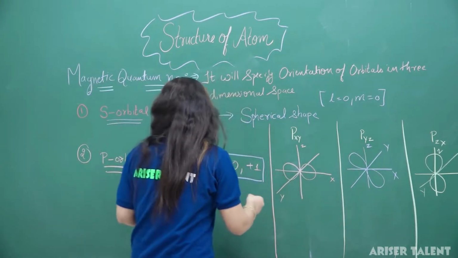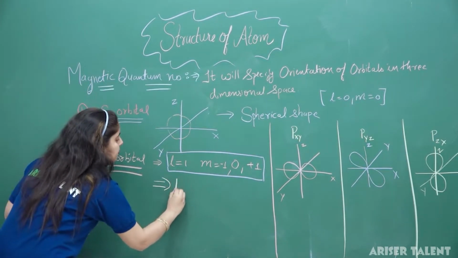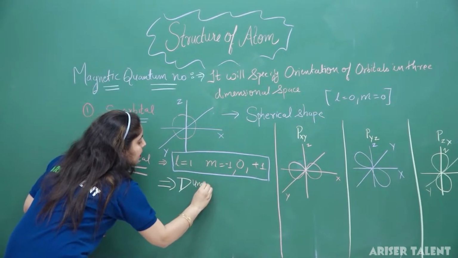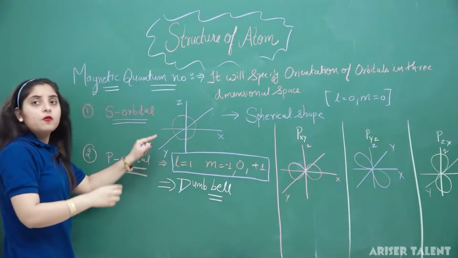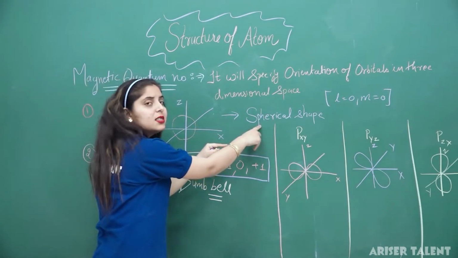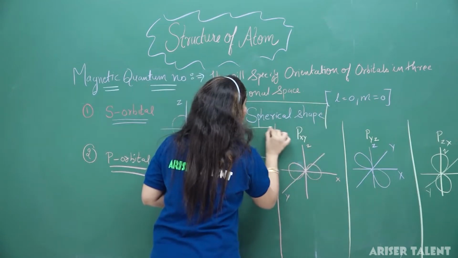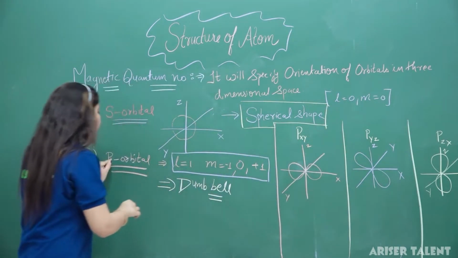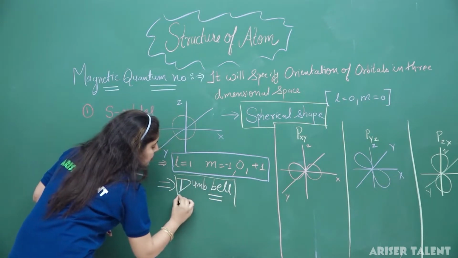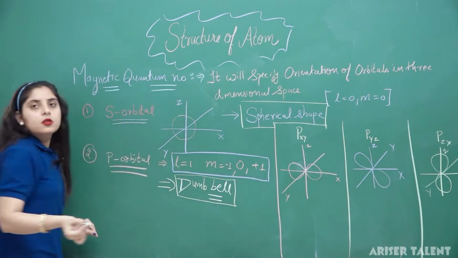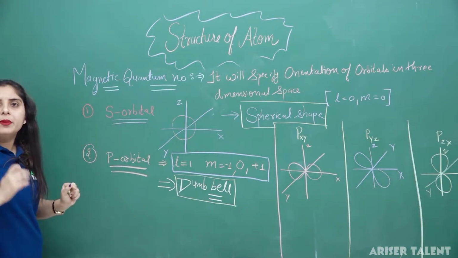The p orbital diagram will be the dumbbell diagram. And for the s orbital, we have a diagram that is spherical in shape. So we may conclude that the s orbital is spherical and for the p orbital we get the dumbbell structure. So it is all about the s orbital and p orbital.